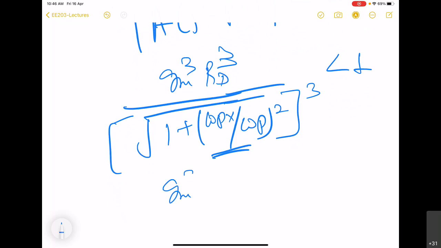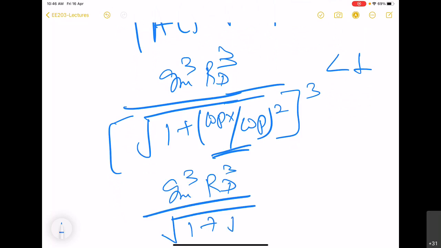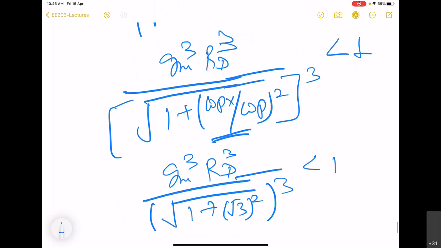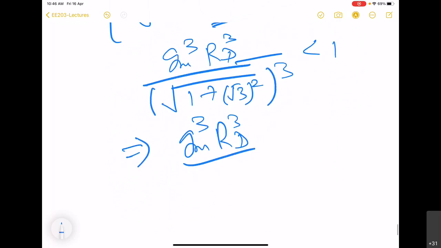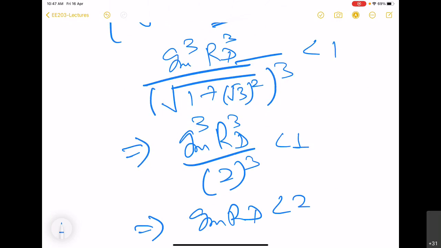So this says gm cube rd cube divided by square root of 1 plus square root 3 squared, whole cubed, is less than 1. This is going to be 2 cube, less than 1, implying that gm rd is less than 2.